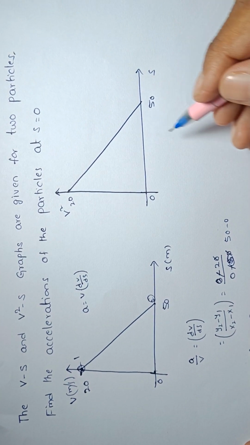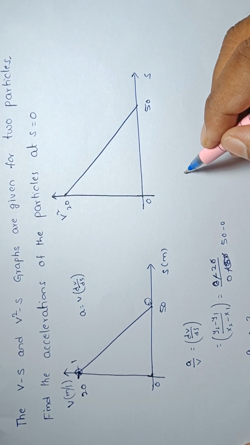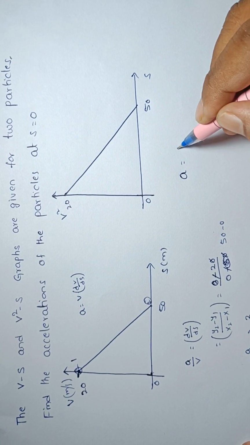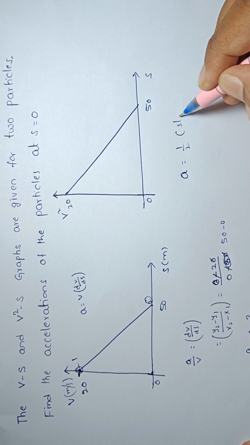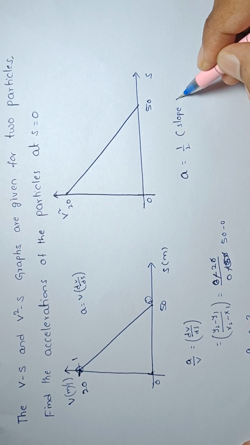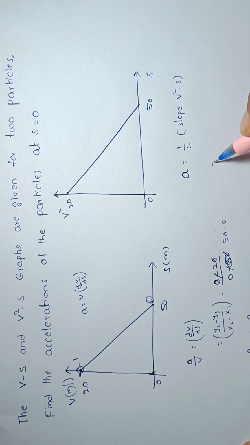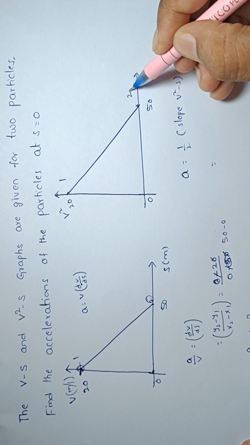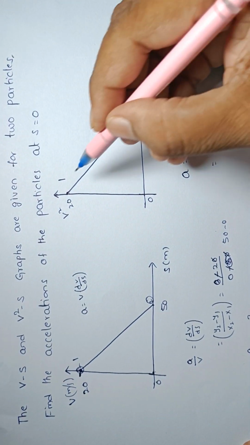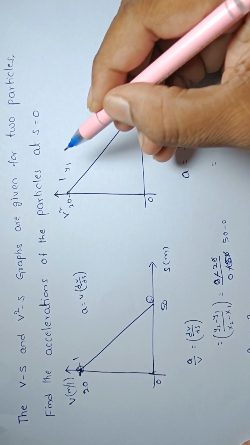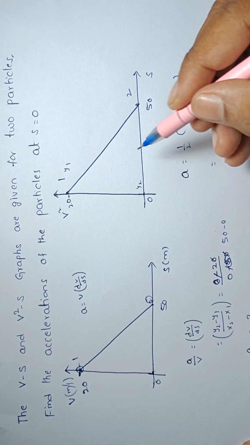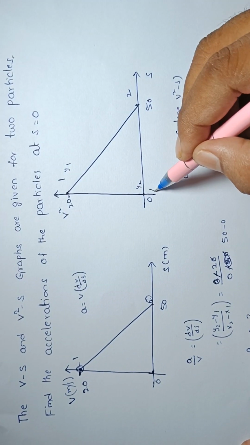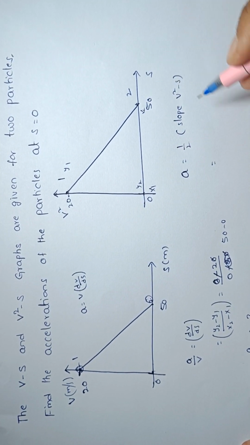From the second one, what can you find? We already know the relation. If you want acceleration, half into the slope on the v square-s graph you have to take, right? Similarly, let us take this as point 1 and this as point 2. So you take the y1, y2 values on the y-axis, and x1, x2 values on the x-axis.